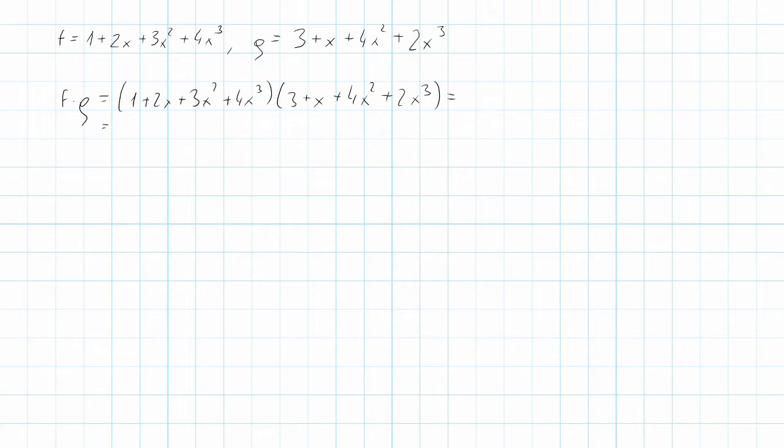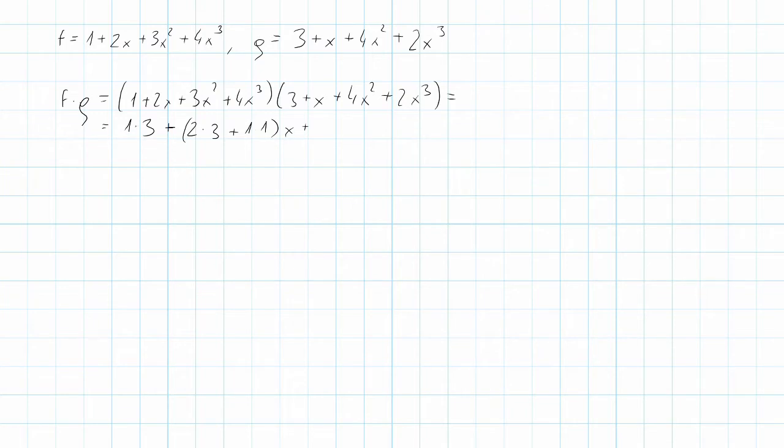So 1 times 3 plus, in order to get the linear term, we multiply 2 times 3 plus 1 times 1, times x.